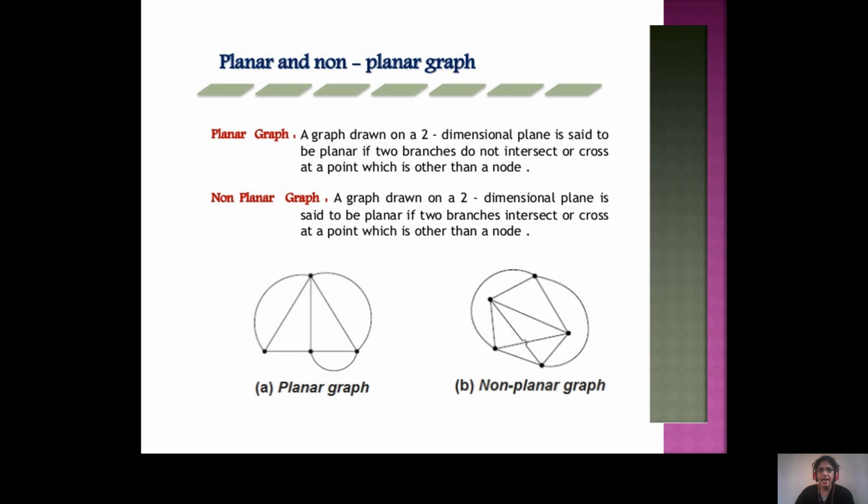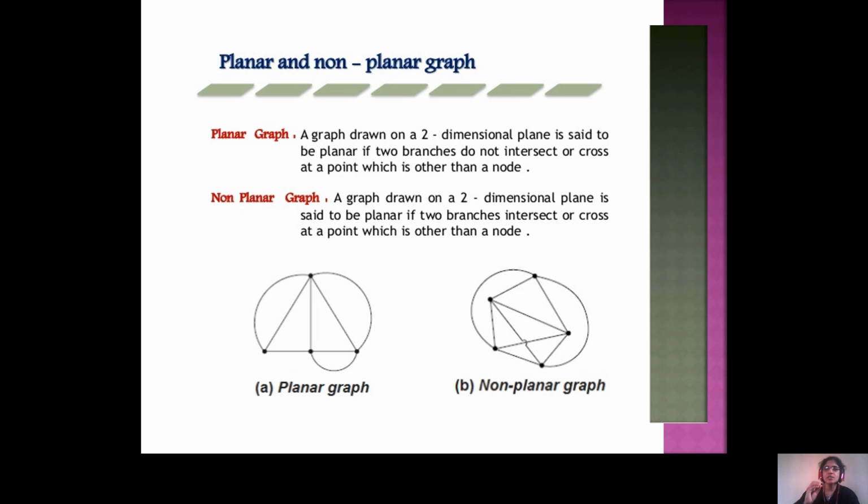What are planar and non-planar graphs? A planar graph means a graph drawn on a 2-dimensional plane is said to be planar if two branches do not intersect or cross at a point other than a node.